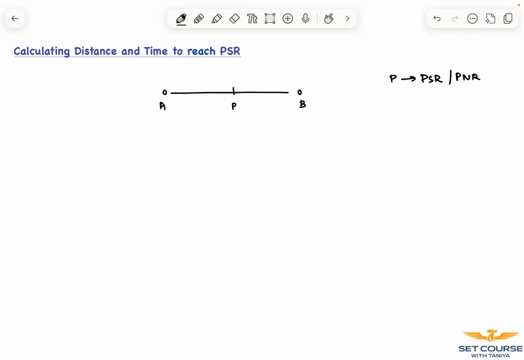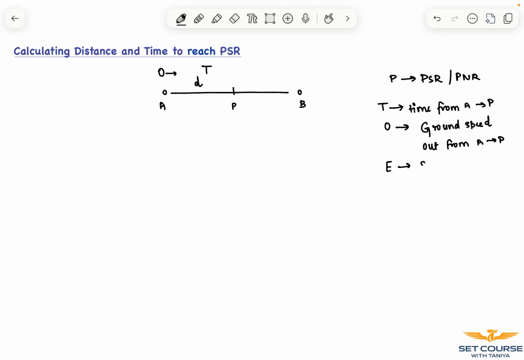We know that the distance D from A to P is going to remain the same from P to A. Now let's take the time T as the time for an aircraft to go from A to P, and let's take our ground speed out, from A to P, as O. Let's take our safe endurance as E.